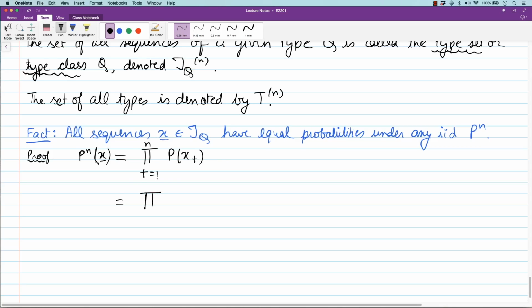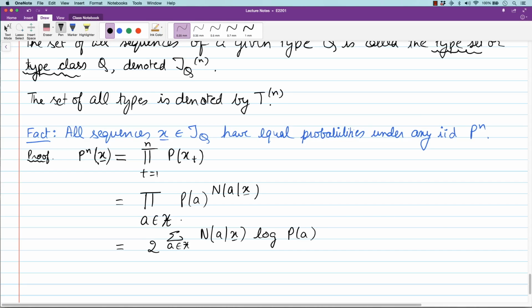What we'll do is, instead of taking this product over all symbols in the sequence, we will take it over all points in the alphabet, and we'll count how many times PA comes. The number of times PA comes is the number of times A appears in the sequence. So when I take this up here, I can write it in the exponential form. So it becomes 2 to the power summation over A in x, nA x log of PA.